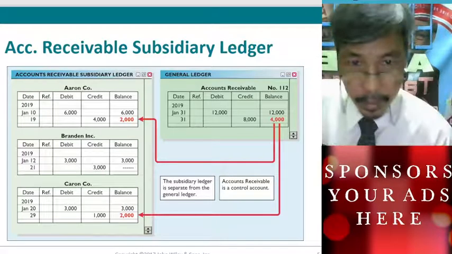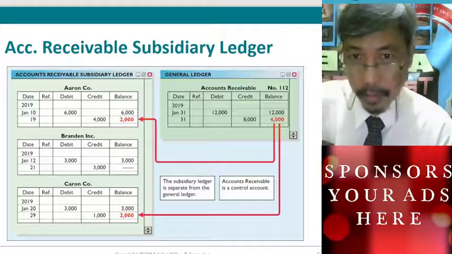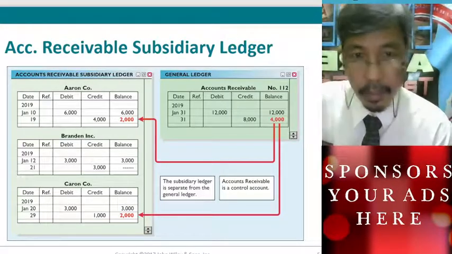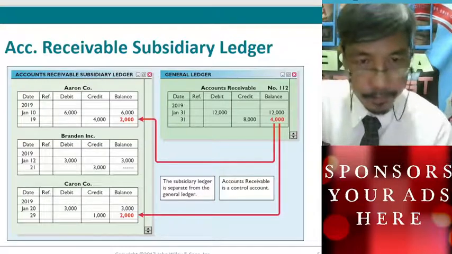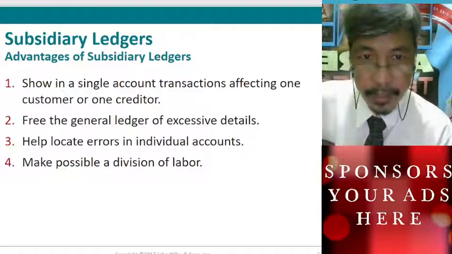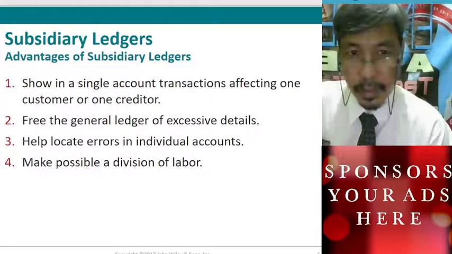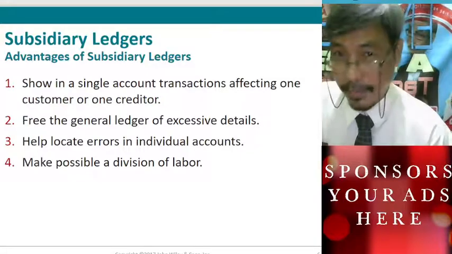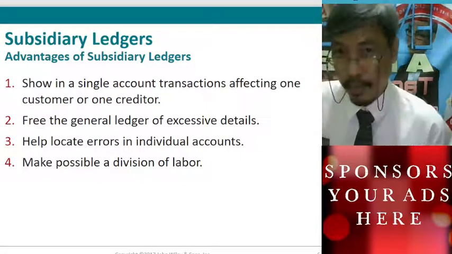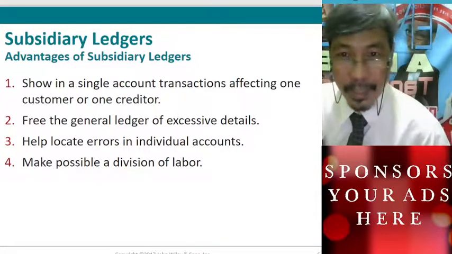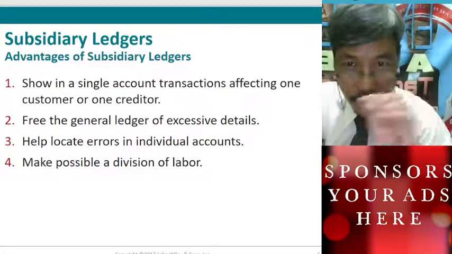And another one for Brandon Incorporated. Another one for Caron. Number 2, free the general ledger of excessive details. Because if not, you have to put the names of the posted transactions in the ledger with several explanatory notes.